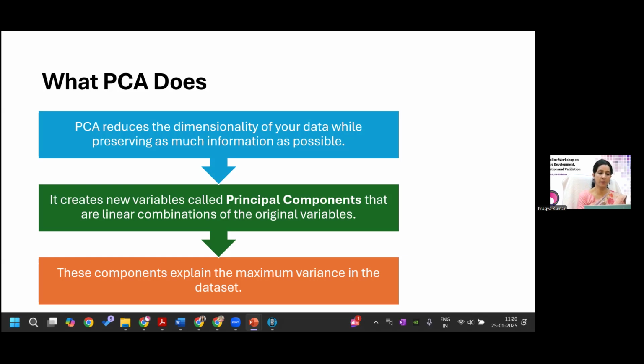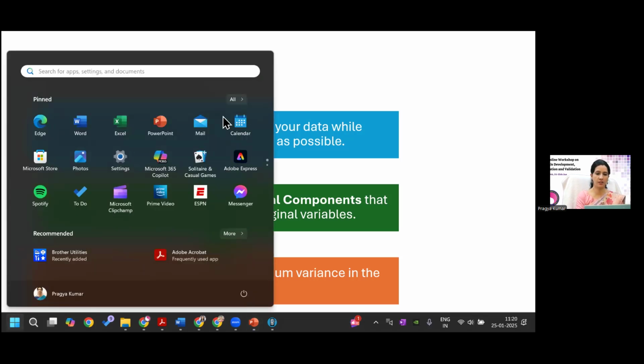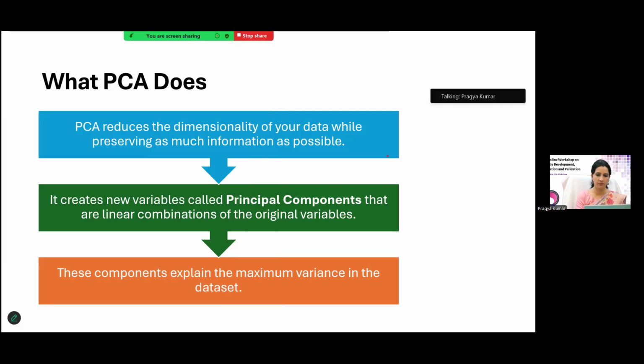Linear combination means the way I just discussed, with the equation y equals a constant plus, if there are three variables, b1 x1 plus b2 x2 plus b3 x3, and so on.